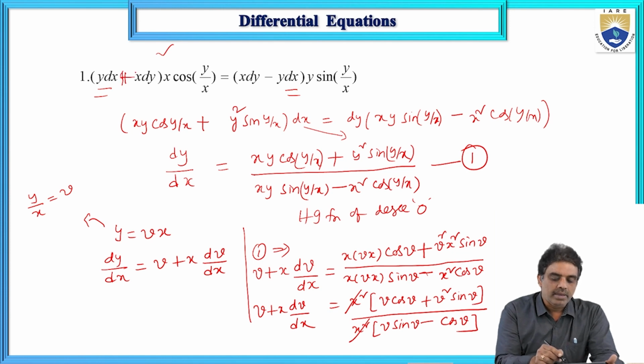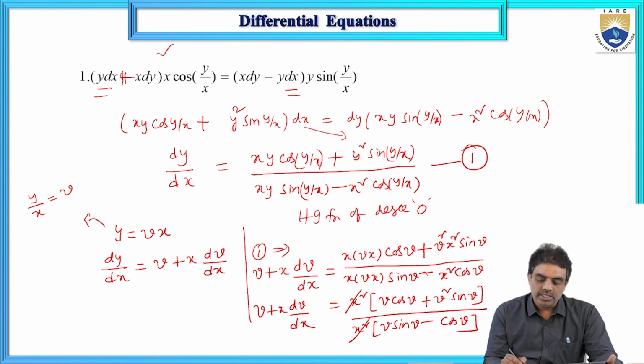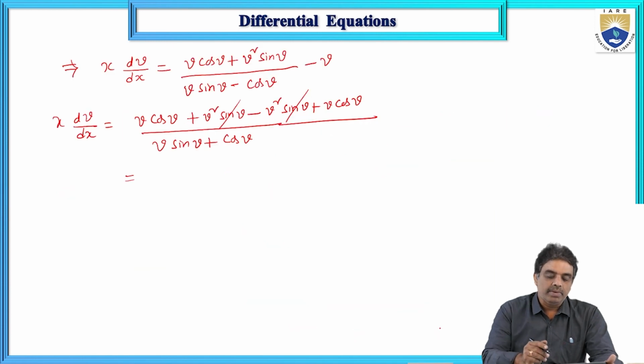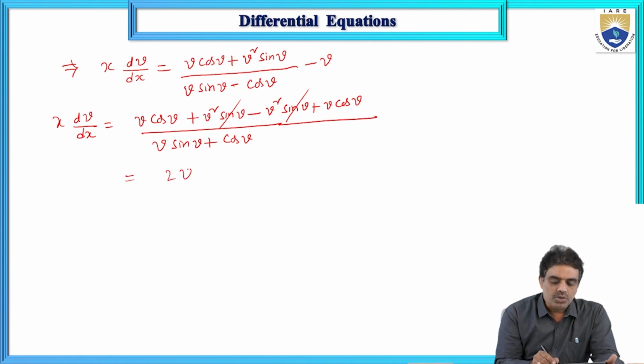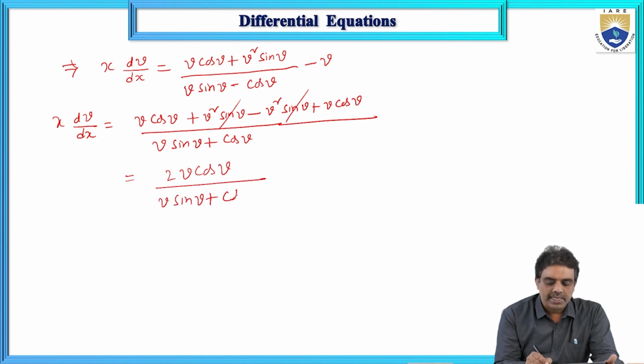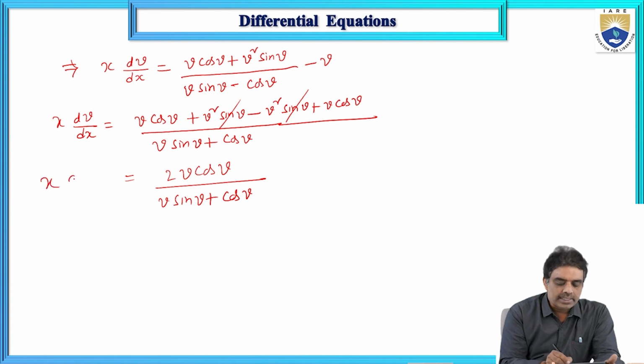The problem will be x dy, then only in the denominator will we get minus x square cos y by x, and this is v sin v minus cos v, and this will be plus v cos v. Then it will be 2v cos v. In the denominator you will get v sin v plus cos v. This is x dv by dx.